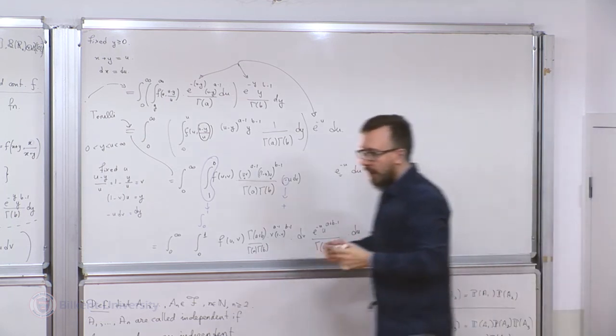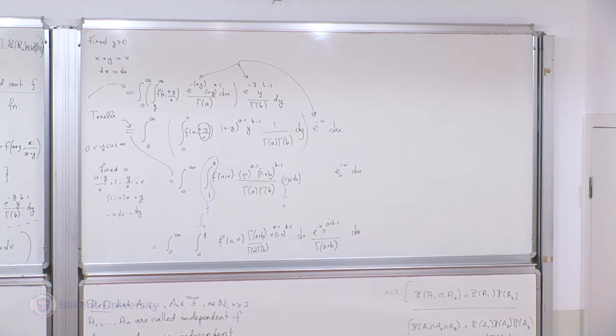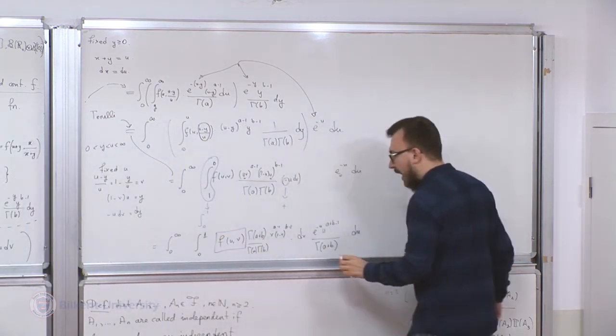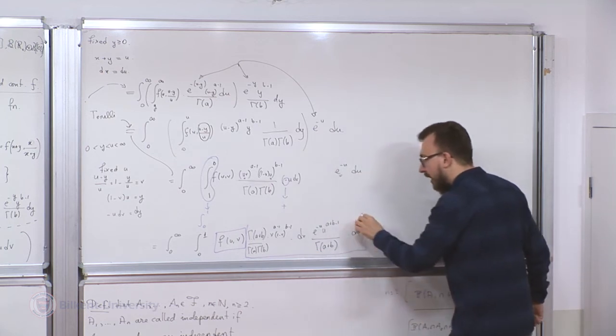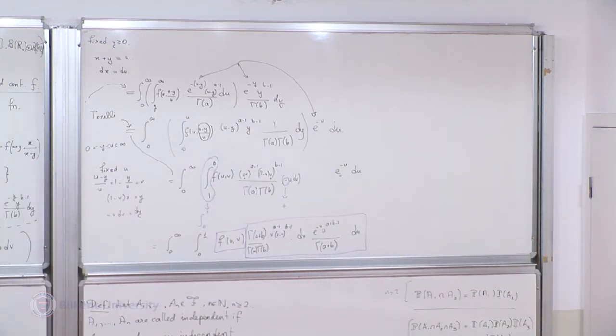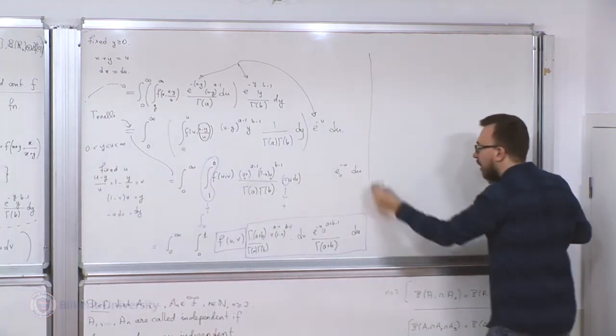So we are done. We are done because exactly we got a form with an f(u, v), and everything else is going to be the joint distribution of u and v. So here's what we get.